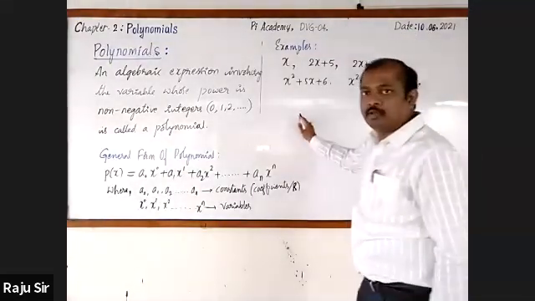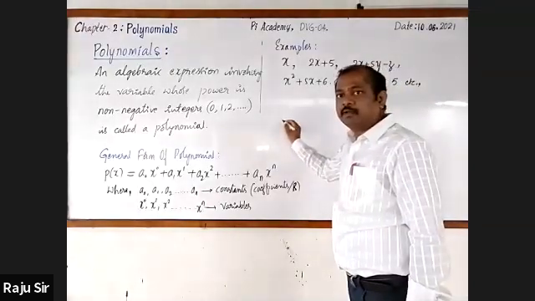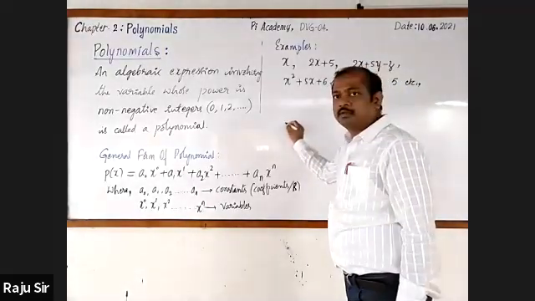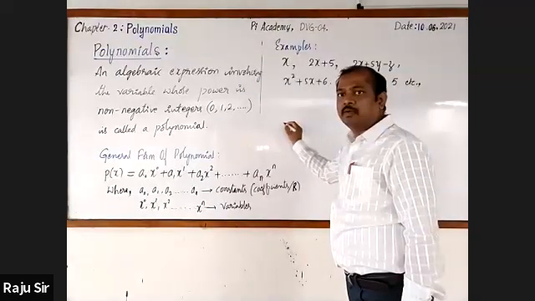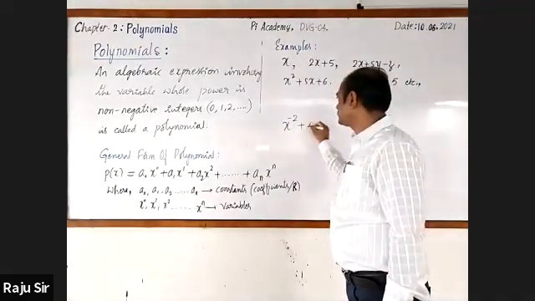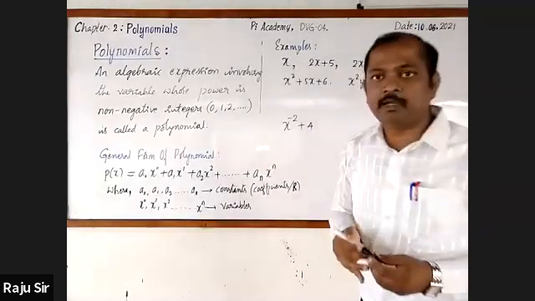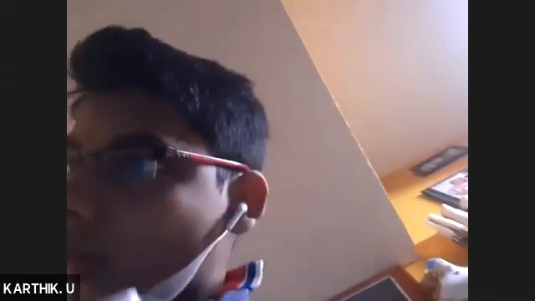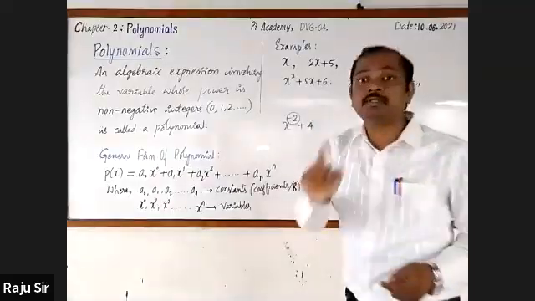Look here. I go for taking the expression like this: x raised to the power minus 2 plus 4. Is it a polynomial? No, sir. No, it is not a polynomial. The reason is power is negative.